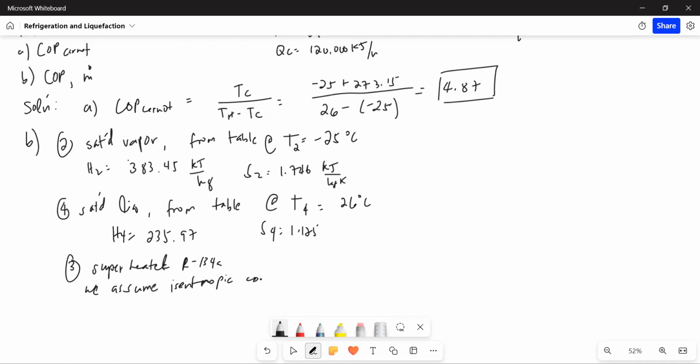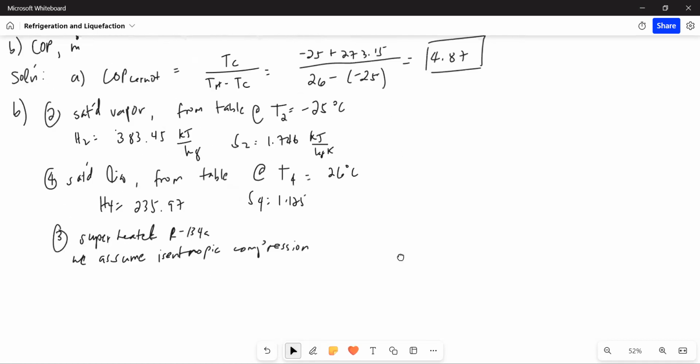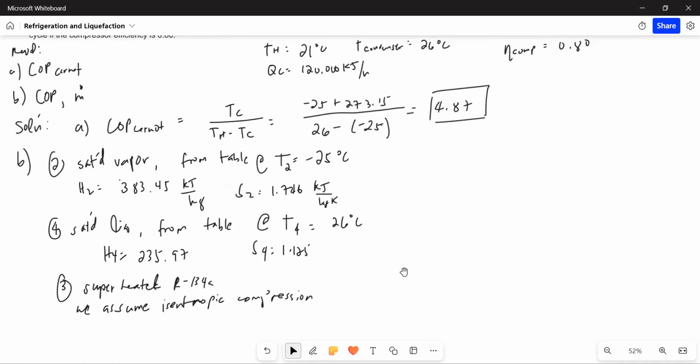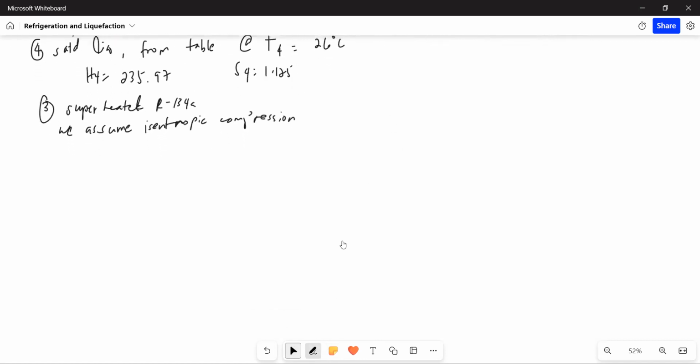Therefore, S3 prime is equal to S2, and that is equal to the value, 1.746.